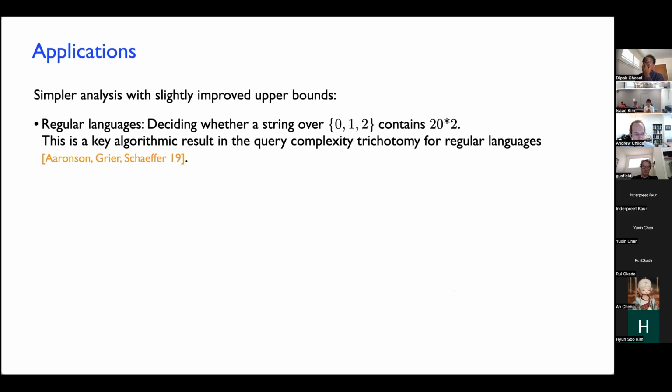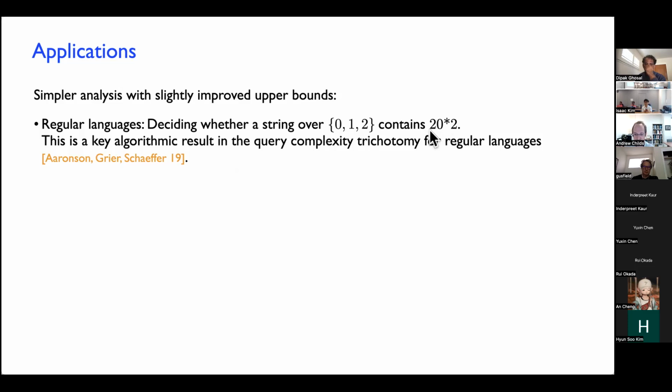One of them has to do with recognizing regular languages. There's this very nice paper by Aaronson, Grier, and Schaeffer where they gave a quantum query complexity trichotomy for regular languages, showing that the problem of recognizing a regular language always has one of 3 possible quantum query complexities. And one of the key results inside this paper was this particular language recognition problem of figuring out, over this alphabet with 3 symbols, whether some string has something that looks like this.